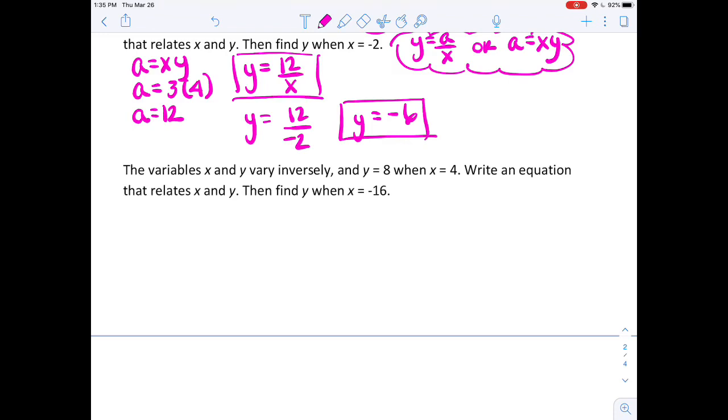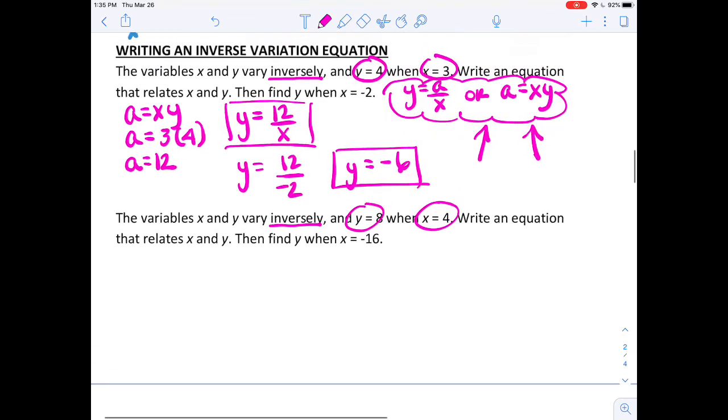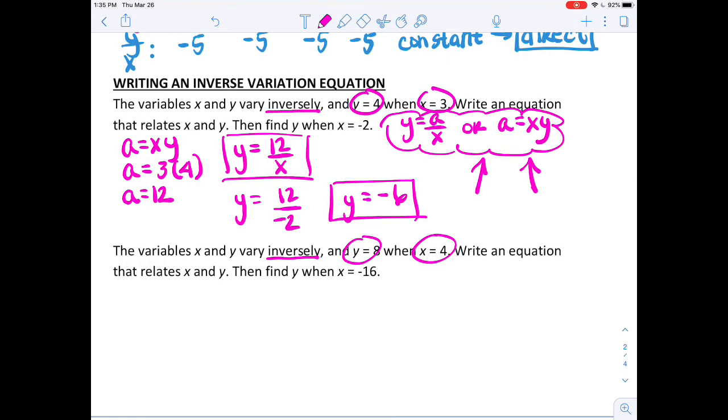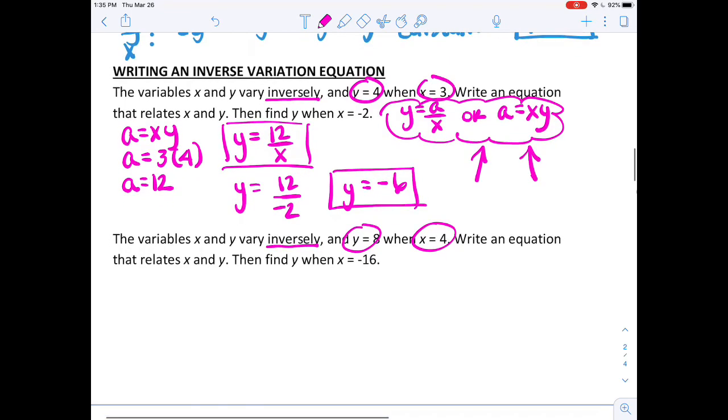Okay, we're back. This time we are still told that we're varying inversely, and y is 8 when x is negative 4. Since we have inverse variation, we are using this same equation up here that we did before, that y is equal to a over x, or a is equal to x times y.